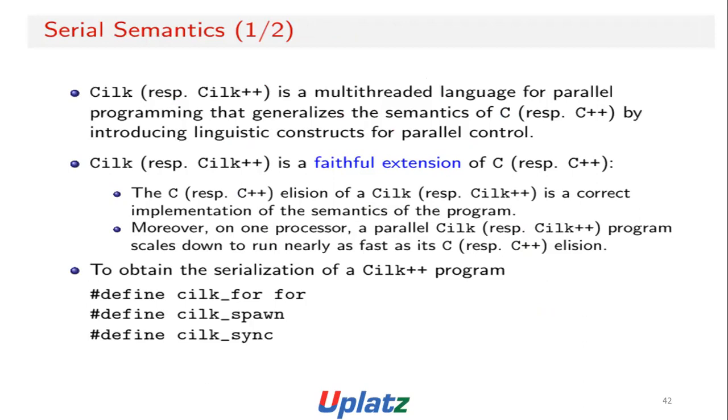The C, respectively C++, elision of a Cilk program is a correct implementation of the semantics of the program. Moreover, on one processor, a parallel Cilk program scales down to run nearly as fast as its C, respectively C++, elision. To obtain the serialization of the Cilk++ program, define cilk_for as for, define cilk_spawn as empty, define cilk_sync as empty.